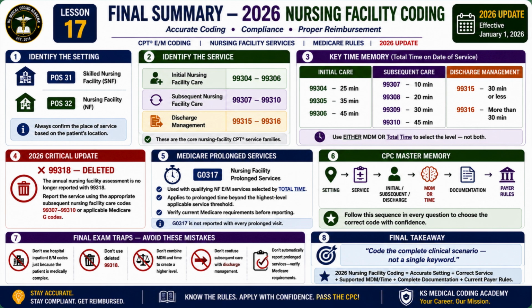Remember, select the appropriate EM level using MDM or total time, based on the applicable rules and documentation. A major exam update is that 99318 is deleted, so do not use it for an annual nursing facility assessment. For Medicare prolonged nursing facility services, remember G0317, when all applicable requirements are met.